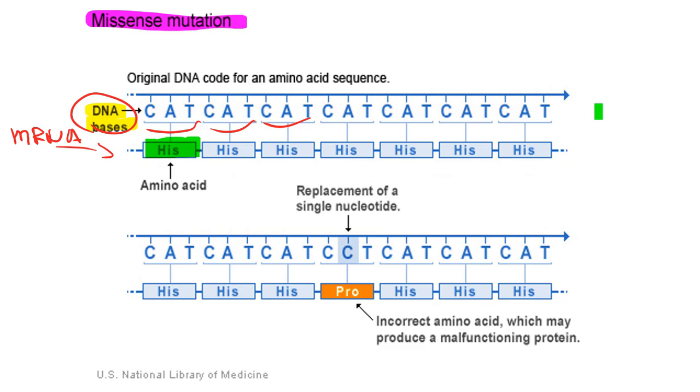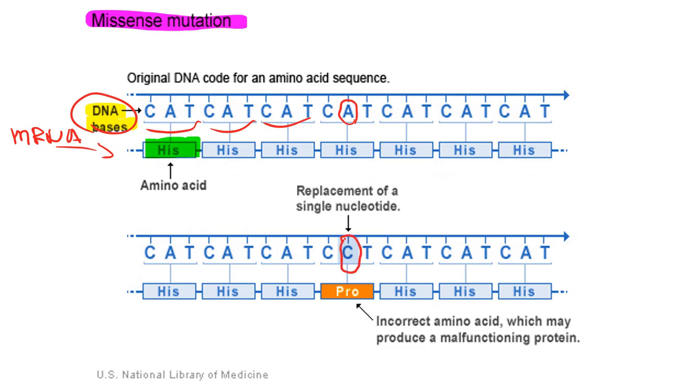So what we're going to see here is that when we have a change in DNA, and that change might happen for different reasons. Most of the time it's because in the process of copying DNA, DNA replication, it's possible that DNA polymerase 3 might make a mistake, and instead of adding an adenine right here, it will actually add a cytosine.